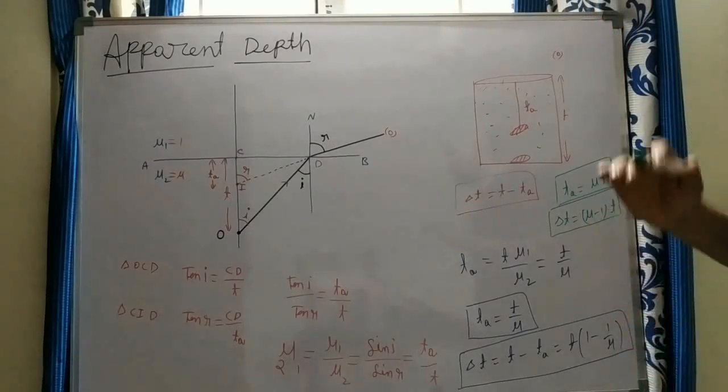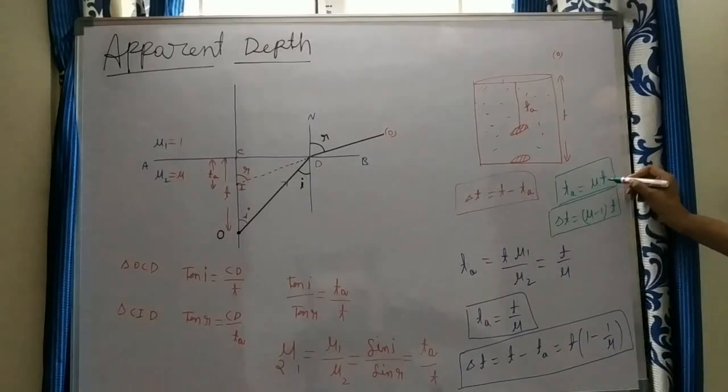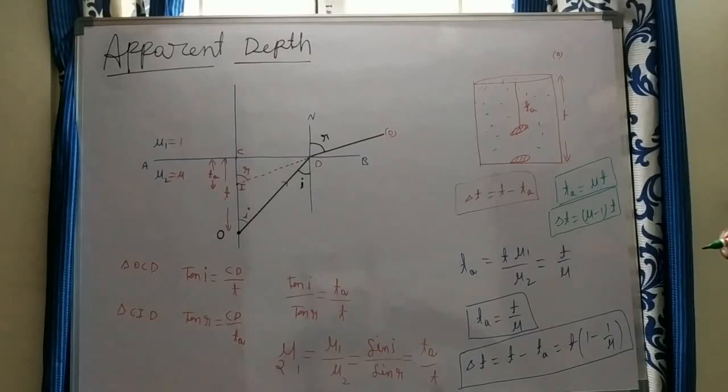Then he feels that it is farther away than where it actually is. So that's why we get T apparent as mu into T, mu times increases. Here we were getting division by mu. So this is about apparent depth and apparent shift.